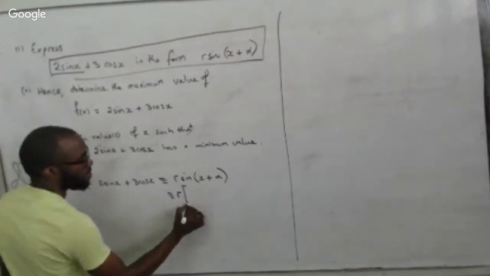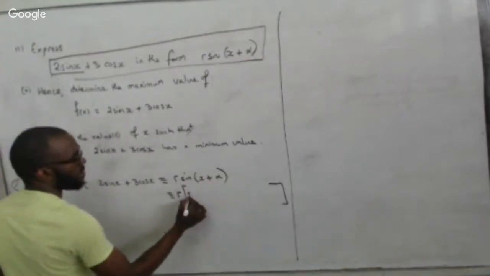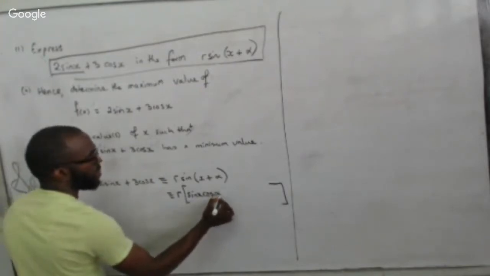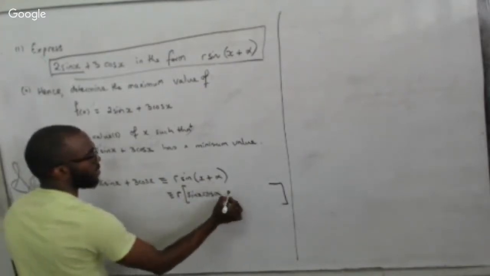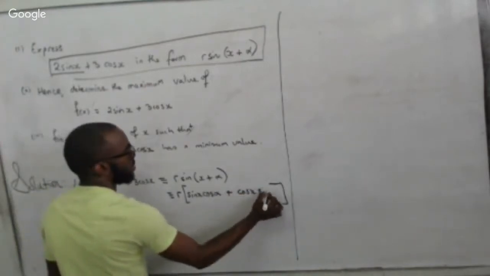Be careful. How do I expand sine? Sine starts with sine of the first thing, but sine alternates to cosine of the second thing. Sine keeps the sign, so that's a plus. Cosine of the first thing, sine of this.